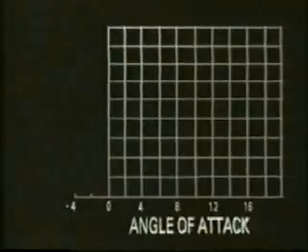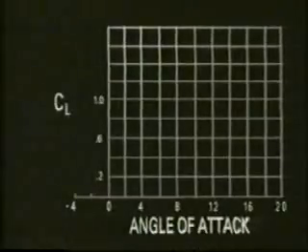They range from 0, where no lift is being generated, to approximately 1.6 in typical cambered airfoils. To more easily understand this concept, the values can be plotted on a graph to show how a change in angle of attack alters the coefficient of lift.